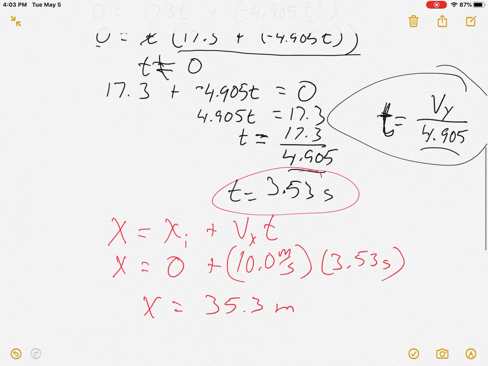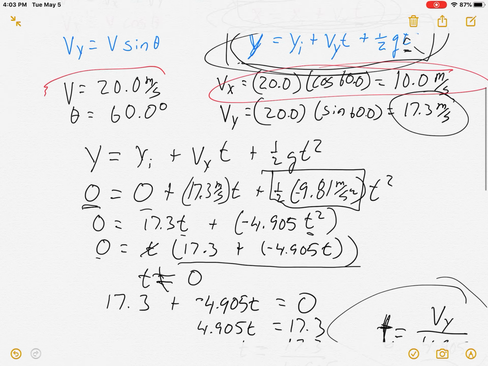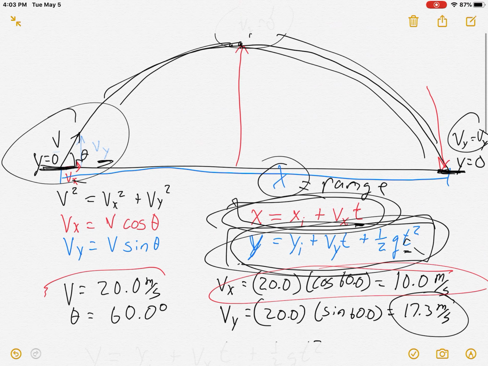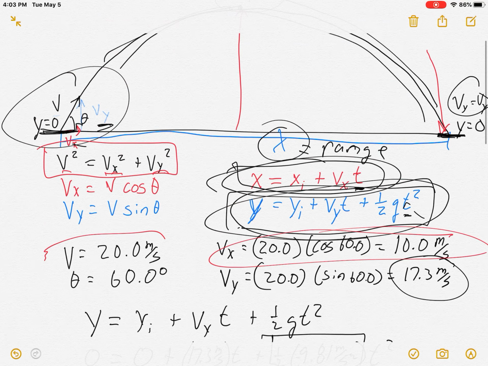So you can use those equations to figure out the range in this case, or other parts of this, right? In other words, we could find the initial vertical velocity, the initial horizontal velocity, and find v using this relationship right here. If we have vx and vy, we can find v, or we can find the angle using a little trigonometry.